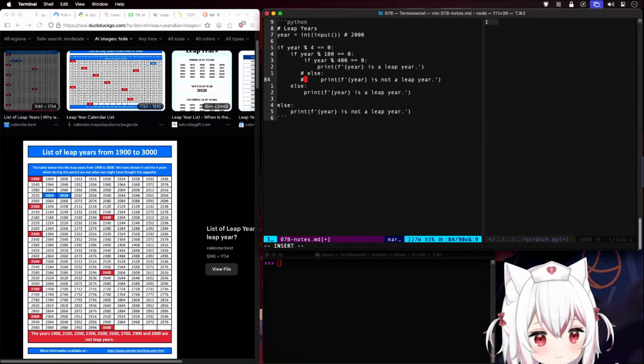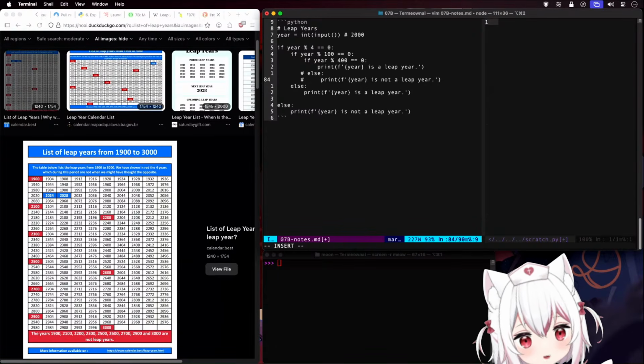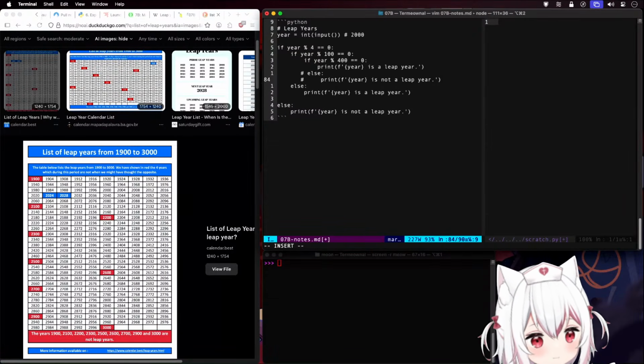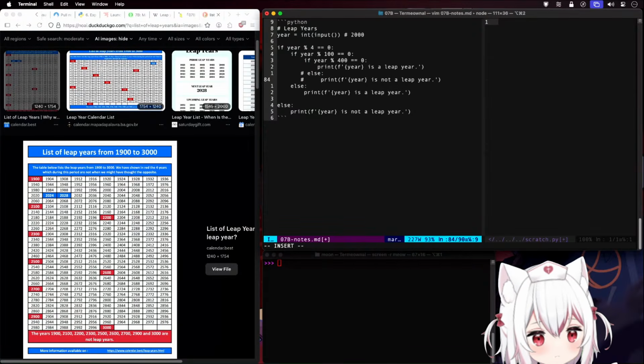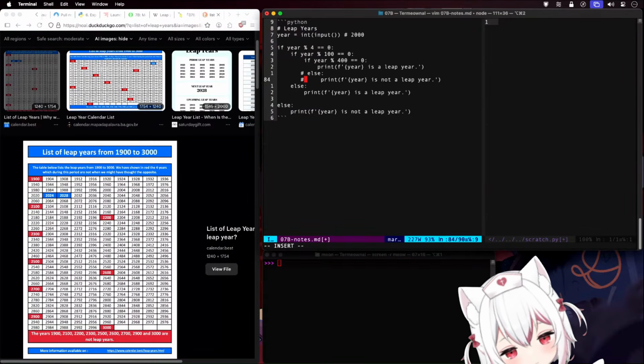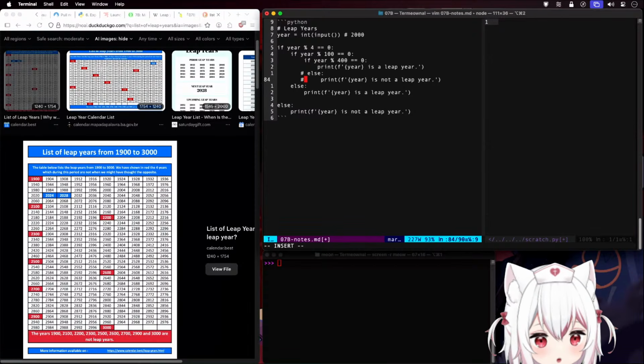If it's divisible by 400, then it's necessarily divisible by 4 and 100. I'm trying to think if I can get rid of the... Are there any cases where it's divisible by 100 where it actually matters?